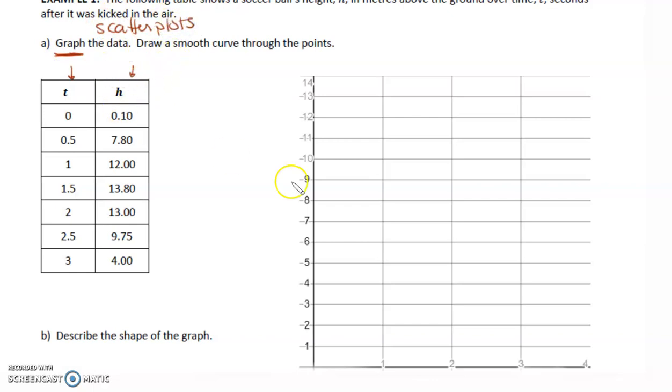So first of all, let's label the t and the h axes. This is time, and this is going to be in seconds, and then this is going to be height, and it's going to be in meters. And we can call this path of the soccer ball.